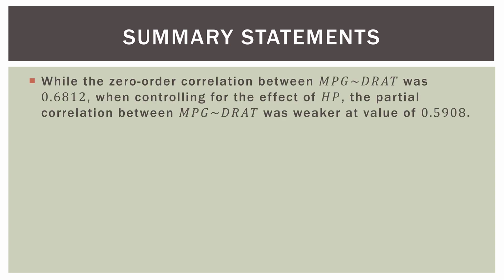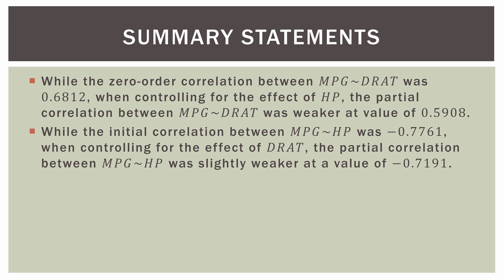So some final summary statements. While the zero order correlation between miles per gallon and DRAT was 0.6812, when controlling for the effect of horsepower, the partial correlation between miles per gallon and DRAT was a little bit weaker at 0.5908.